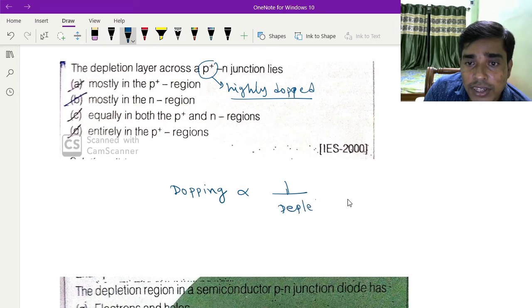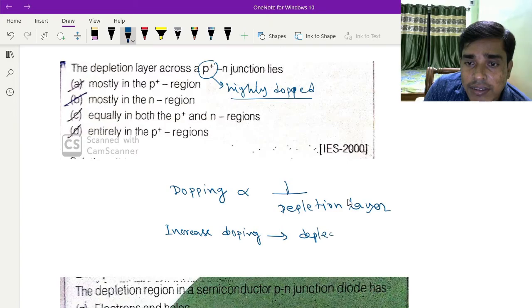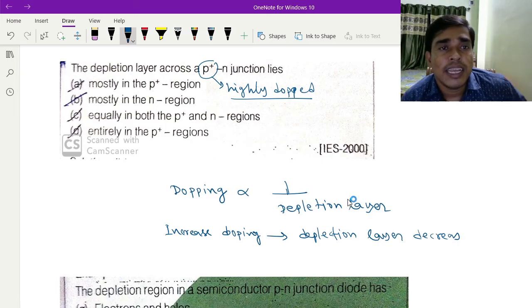Okay, depletion layer. So if I increase doping, then the depletion layer will decrease. The depletion layer will decrease. Okay, this is an inverse relation.